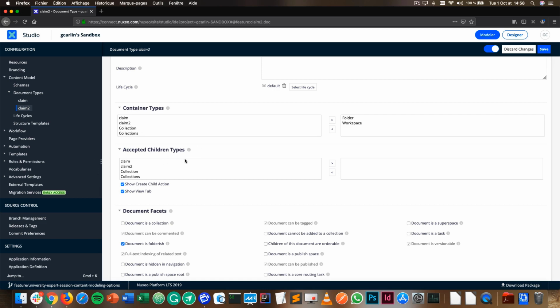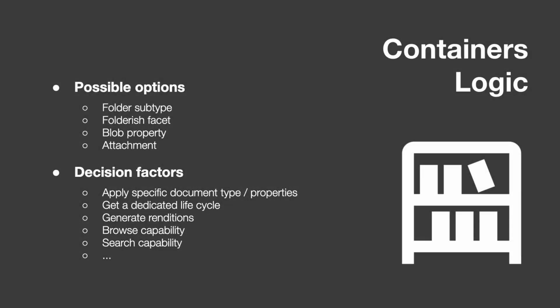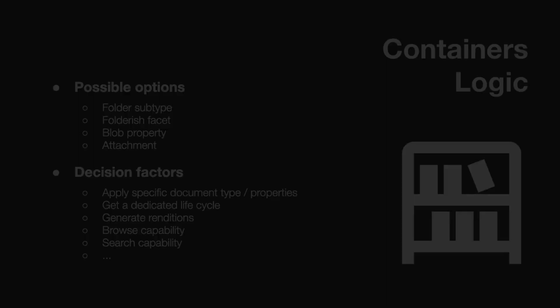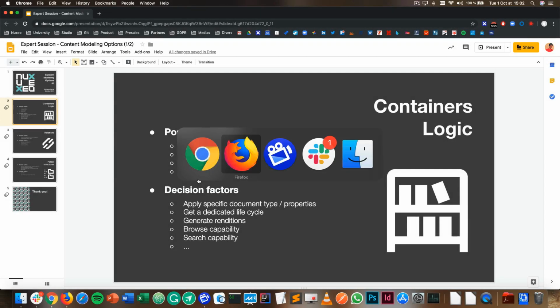So now for the documents that are attached to this claim, I've got several possibilities. First one, I can use the regular attachments because it's inherited from file. And there is also another option that is using a blob property. So let's say, for example, I want to upload my driving license.